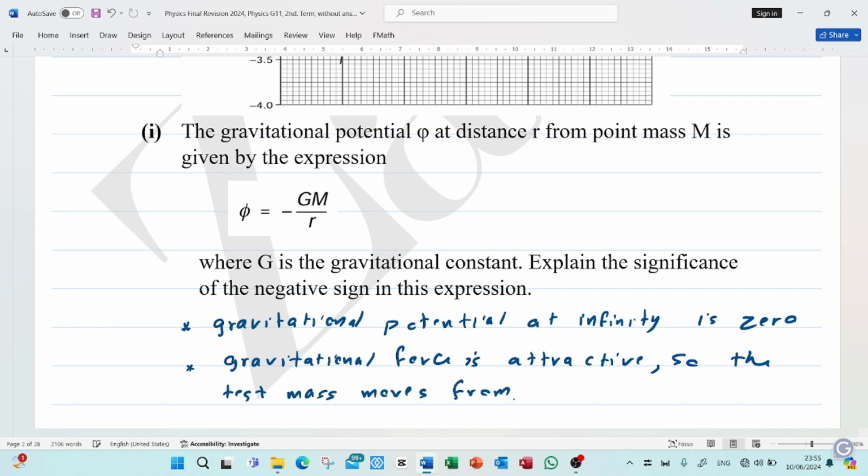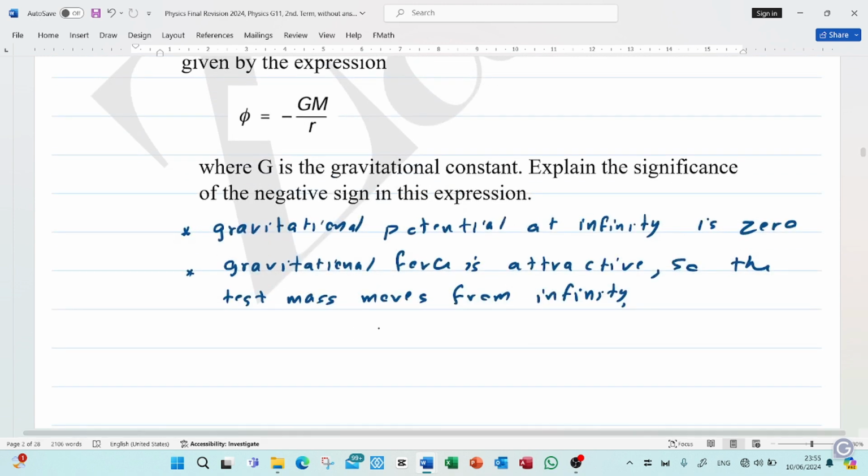It means the potential decreases from zero. So it decreases, so it's negative. So it is negative because it is less than zero. At infinity it is zero. When we go toward the Earth or planet, it will be less than zero. It means it's negative.